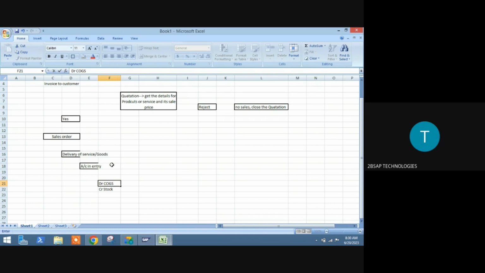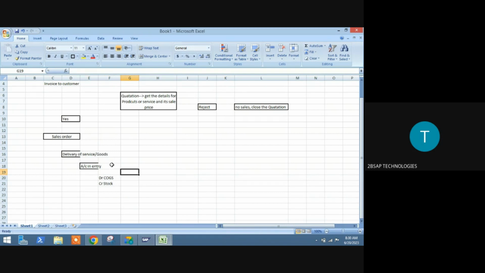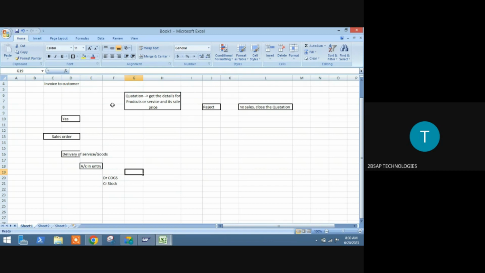Correct, sir? Okay. Debit cost of goods sold and credit stock is what we can say. These O2C cycle questions are mandatory interview questions.